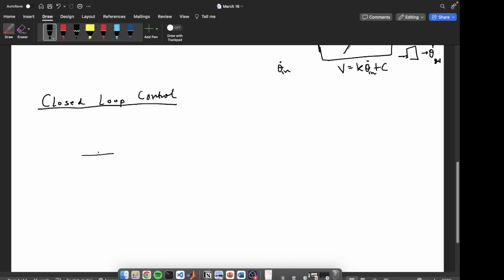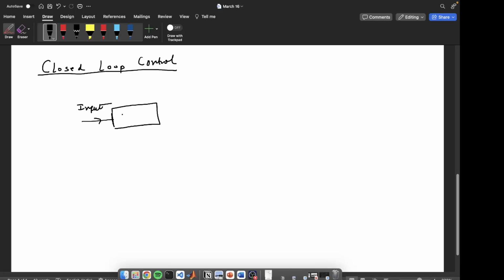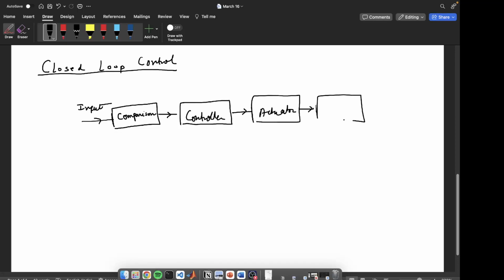So in this case, there is the input. From here there is what we call a block for comparison. Then the comparison goes to the controller, then the controller gives the command to the actuator, the actuator sends that command to the process, and the process generates an output.